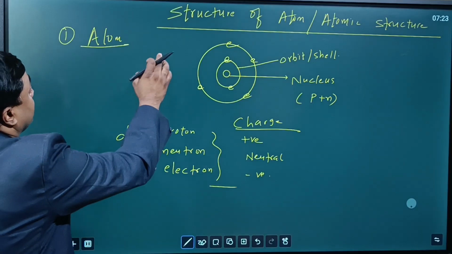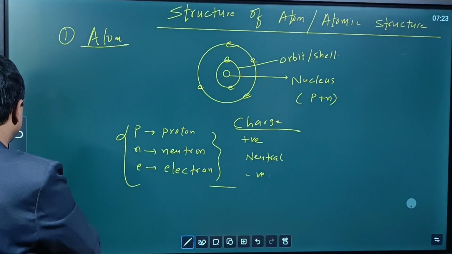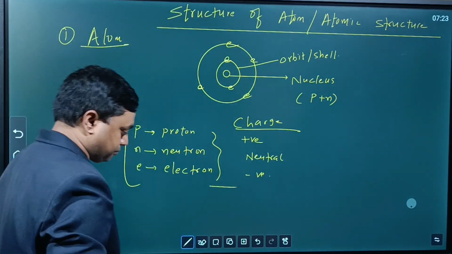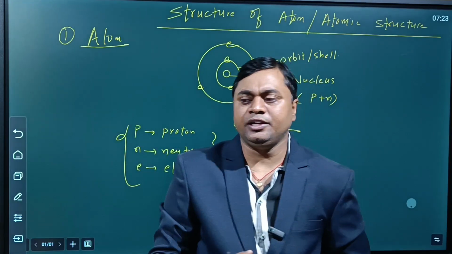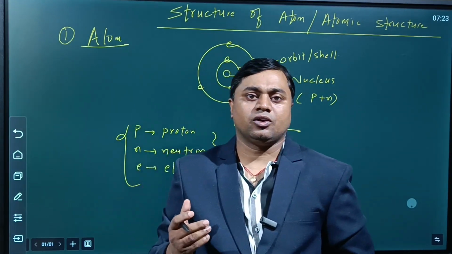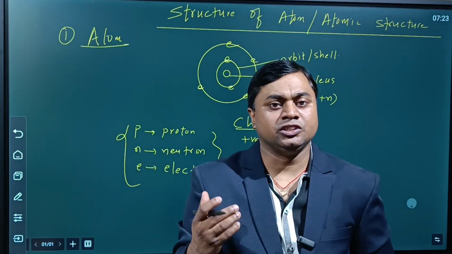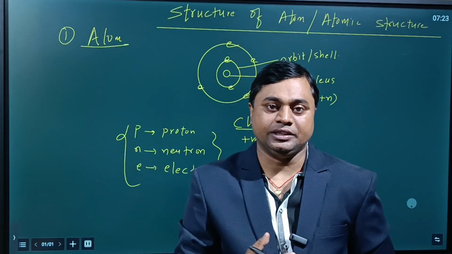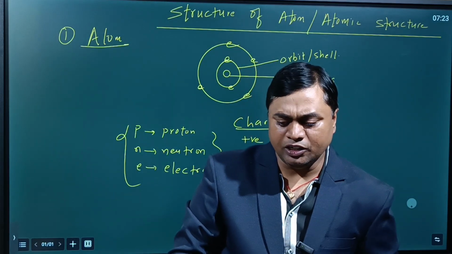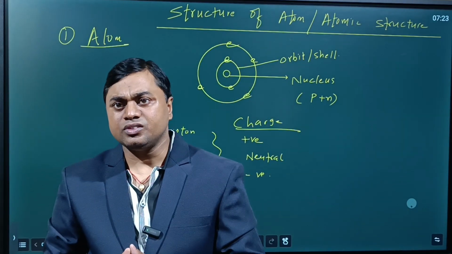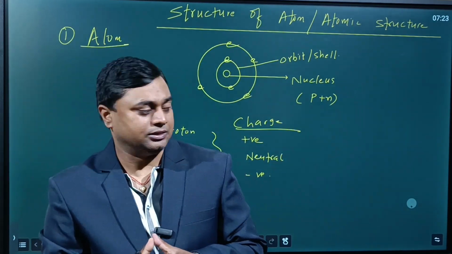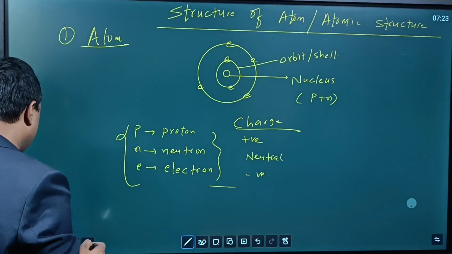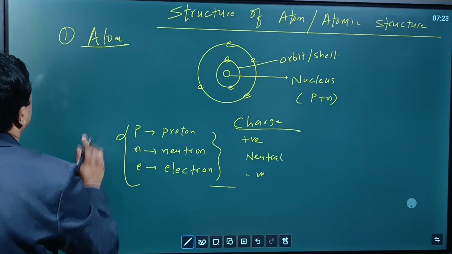So now let's see what is given. Before starting, you should know about the first scientist, John Dalton, who gave the atomic theory. We are talking about Dalton's atomic theory.